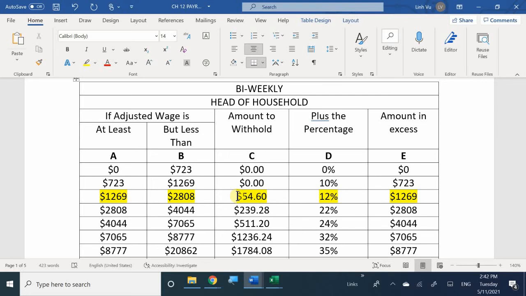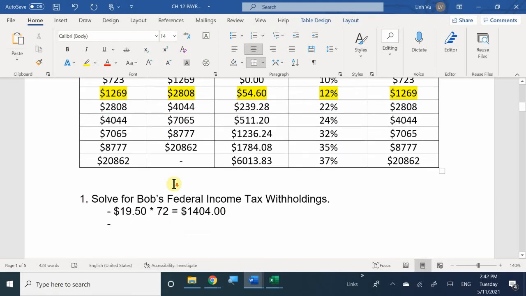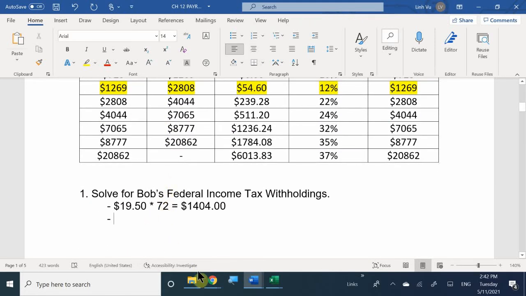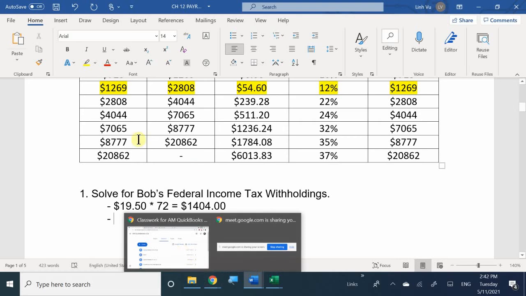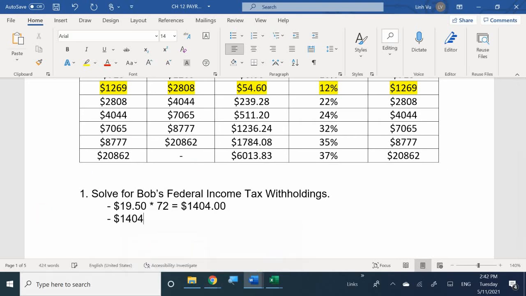So let's go ahead and figure this out. How much money in excess did he earn? We're going to take the 1404 and subtract out the 1269 because that's what the government lets us keep. So how much in excess does he have? 135. 135 extra.